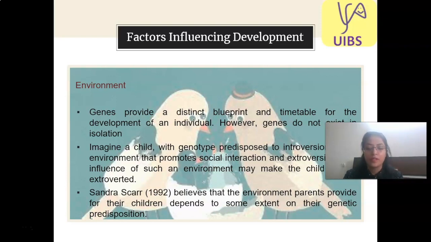However, that may not be true all the time. So there's a possibility that the genetic predisposition of the parent decides the environment that they are going to provide to their child. So these are some of the factors that influence how development happens in an individual.